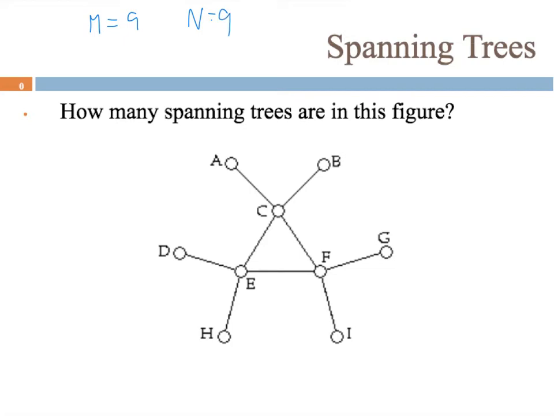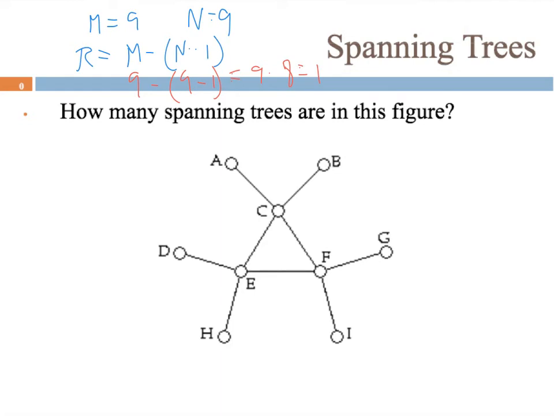So kind of like the last problem, r is going to be m minus (n minus 1), and that means we have 9 minus 8 equals 1. So basically in this picture we have one extra edge that we can get rid of.